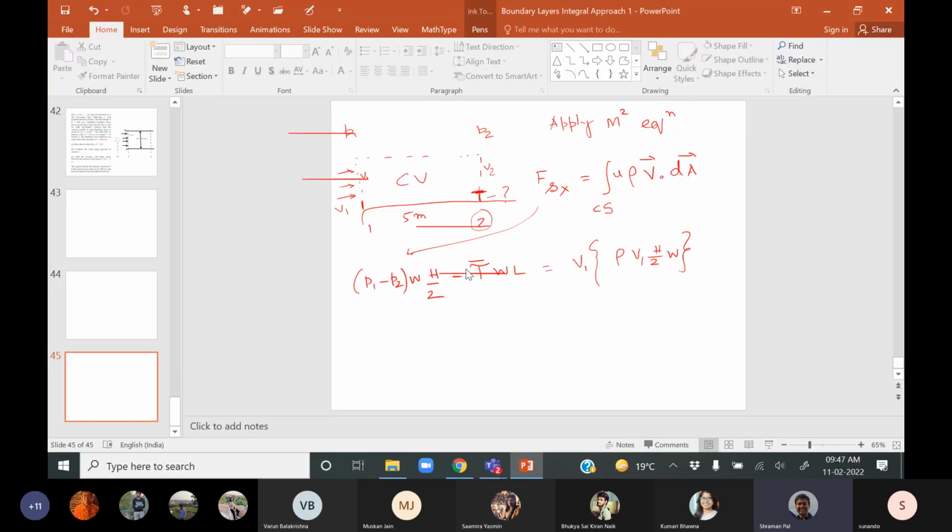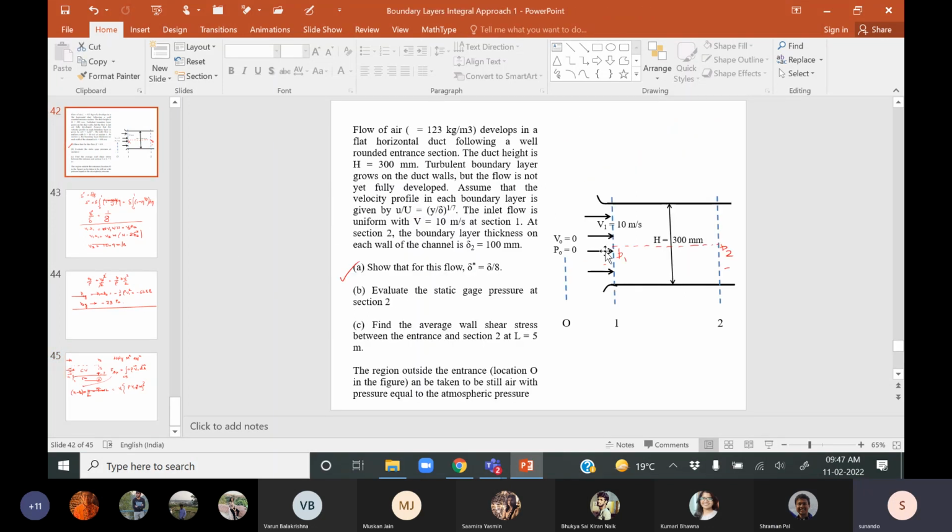V1 is constant throughout the section, so we go back to this. This is V1. At the entry point of the duct, the velocity at 1 is constant. So V1 is 10 meter per second everywhere. At location 2, obviously it is not going to be constant.